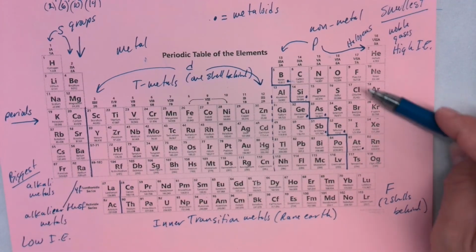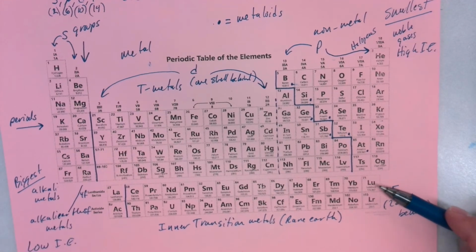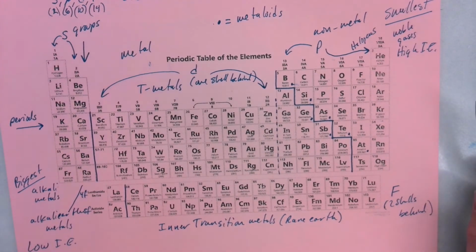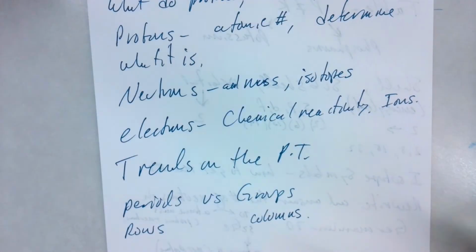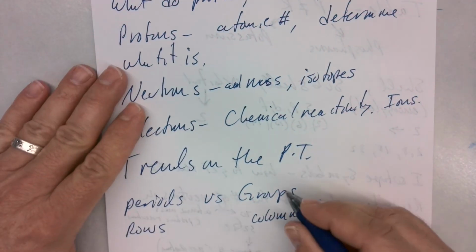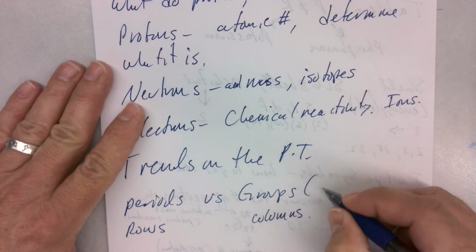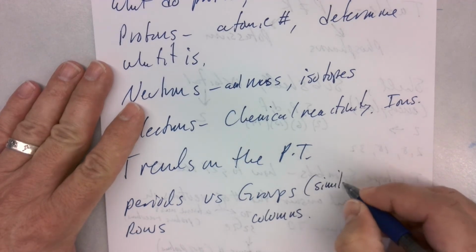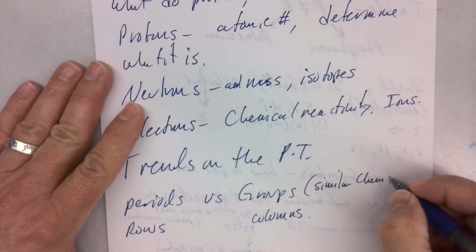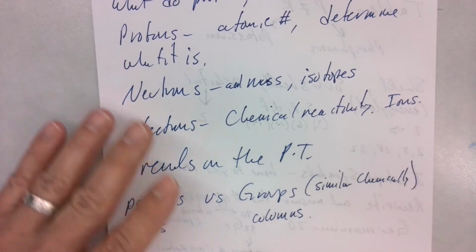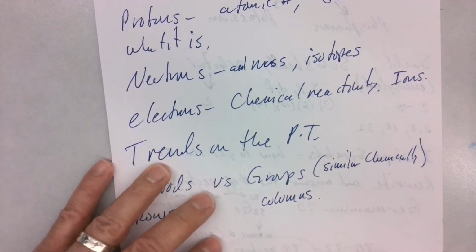And really anything in that group would kill bacteria because they all behave similarly. Okay? So just remember that groups, which are columns, groups are similar chemically. Okay, similar chemically.